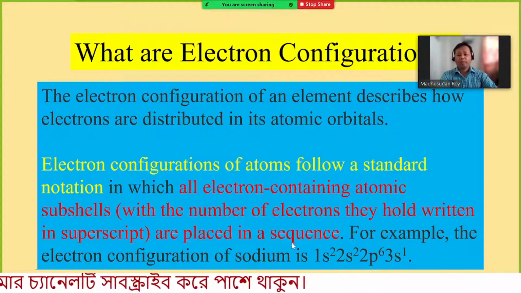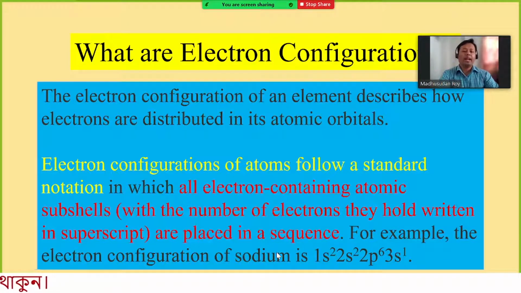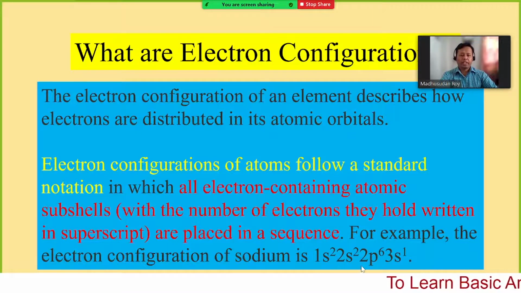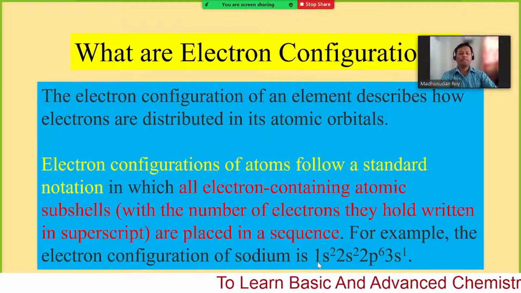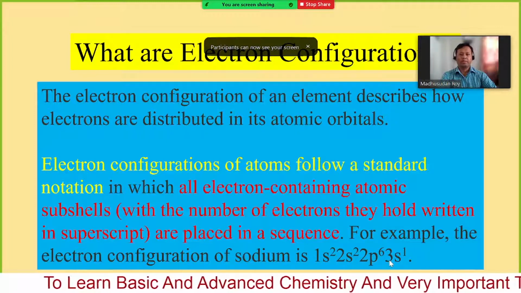For example, the electron configuration of a sodium atom. We know the sodium atom has 11 electrons. So if we want to write the electron configuration of sodium, 1s2, this is the shell number: first shell, second shell, and this is third shell. Or if you consider the principal quantum number, this is 1, 2, 3.